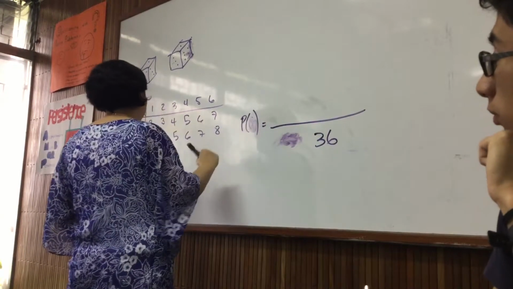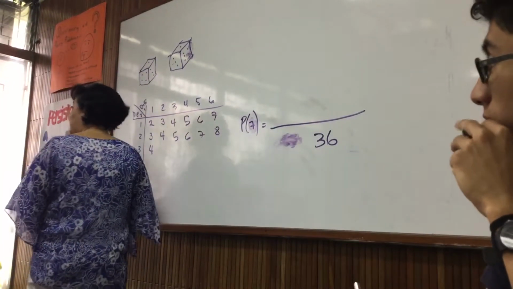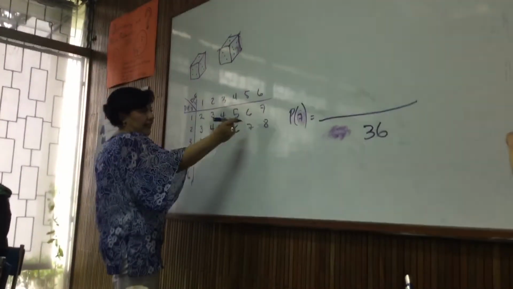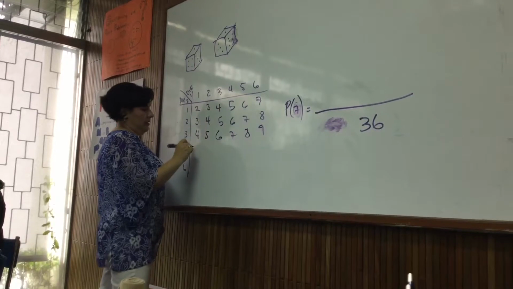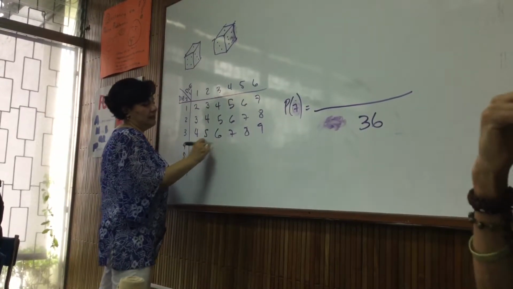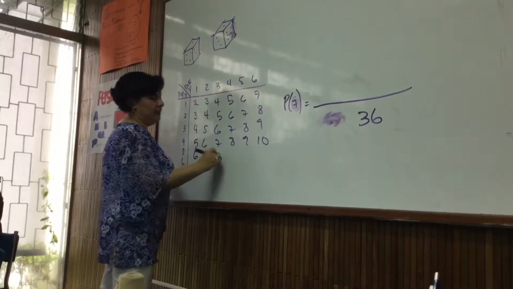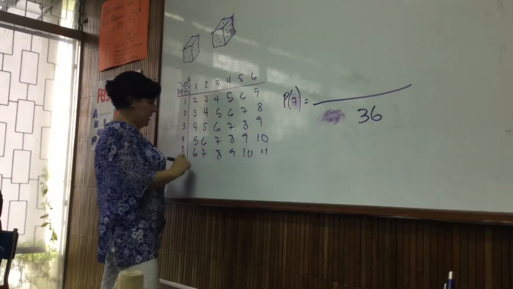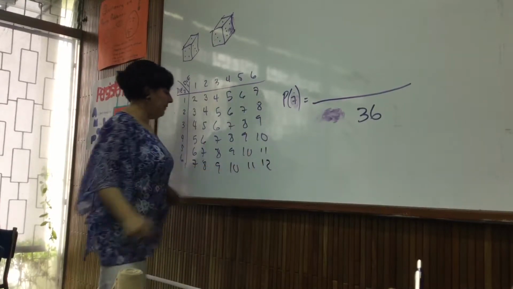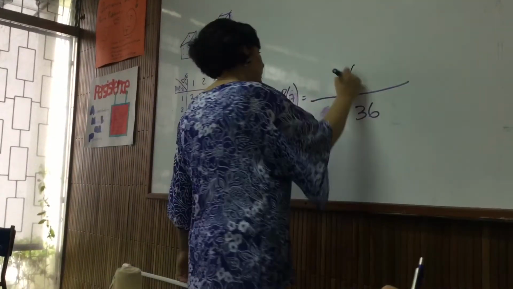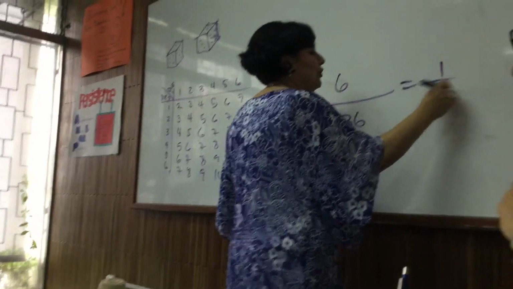What is the probability I'm going to get a 7? 6 out of 36, because I keep going and I have 5, 6, 7, 8, 9, 10, then 6, 7, 8, 9, 10, 11, and then 7, 8, 9, 10, 11, and 12. And if I count, you are correct, there are 6. So I simplify it and I have 1 over 6.